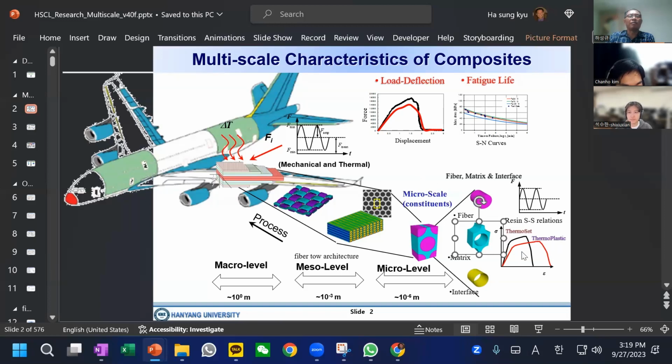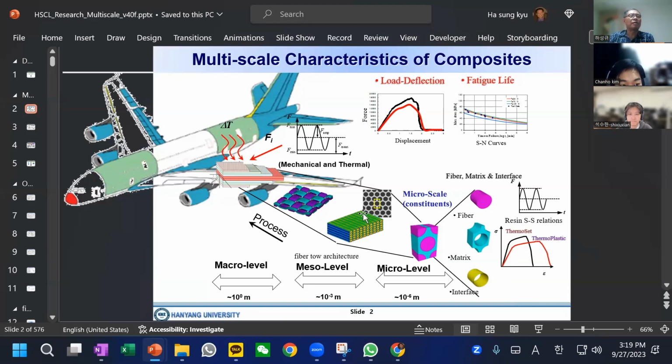And I briefly mention here thermoset and thermoplastic. What does it mean? These are two different types of plastic. Depending on thermoset or thermoplastic, the curing and manufacturing process from here to there will be quite different.